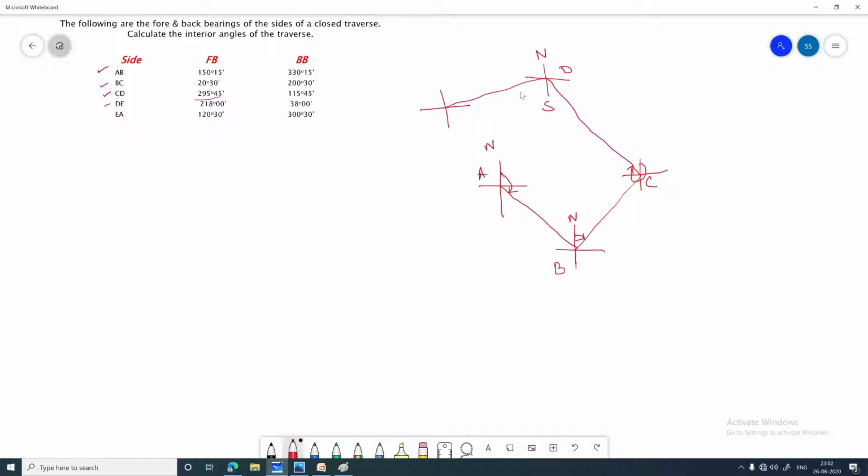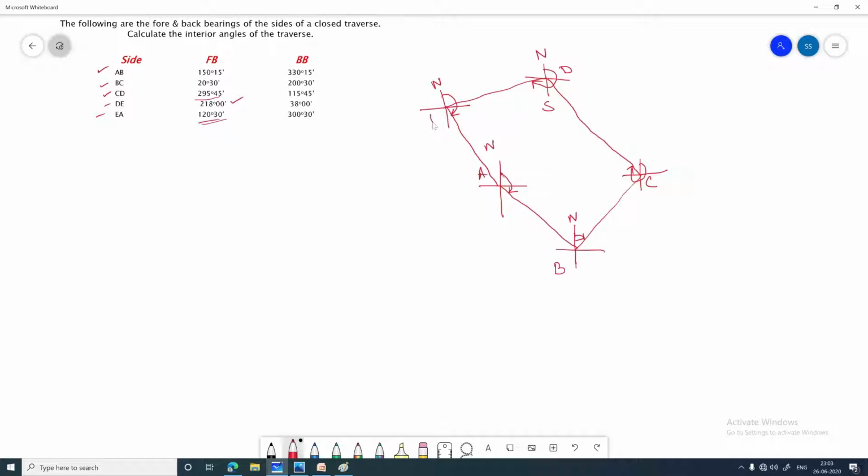So yeah, this one is 218 degree. Yeah, it is almost 218 degree 0 minutes. Now last one EA. So EA is connected. Now it should be 120 degree. That means, now it is correct actually, approximately, right? Because you can see this is 120 degree. So that means this is in between 90 degree and 180 degree. So yeah, this is correct. So our traverse is complete right now.